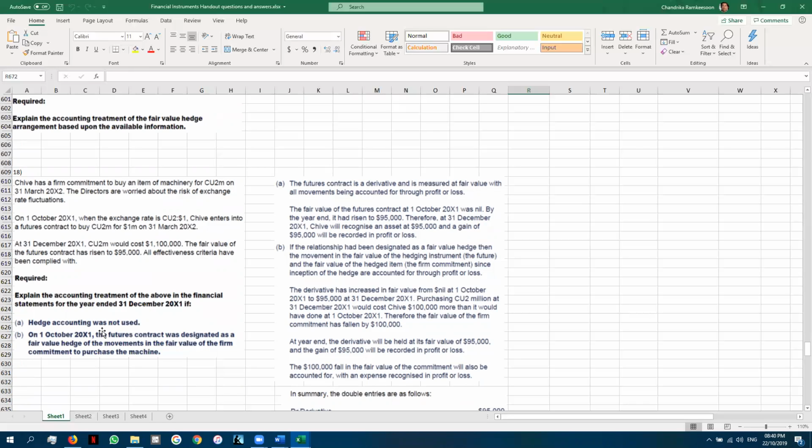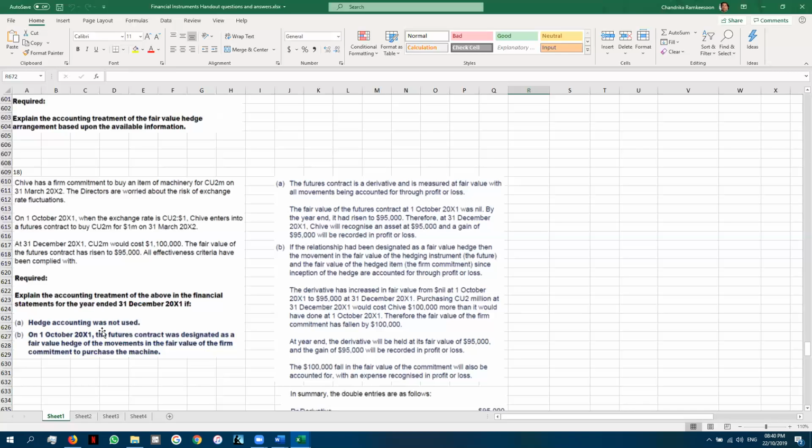On 1st October X1, when the exchange rate is 2 CUs for $1, so we assume Clive's currency is the dollar then, Clive enters into a futures contract to buy 2 million CU for $1 million on 31st March, which is effectively fixing the price there.